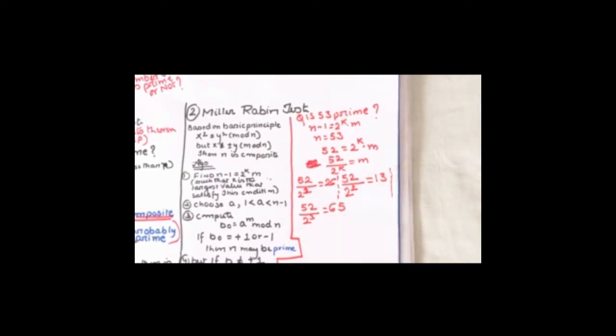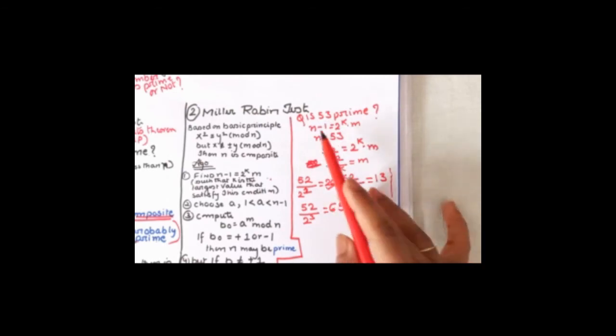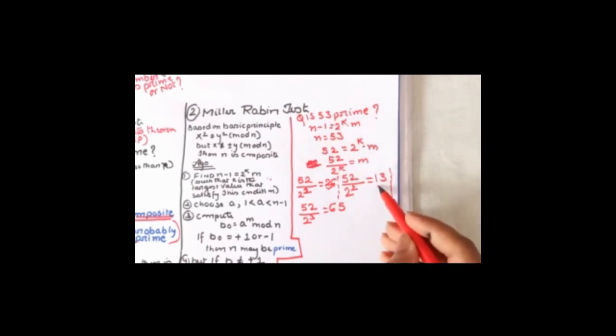Now what am I supposed to do? I told you I have to choose k such that it helps me in finding out the largest value of m which is smaller than n. So 26 is smaller than 53. 13 is smaller than 53, but 6.5 is not.